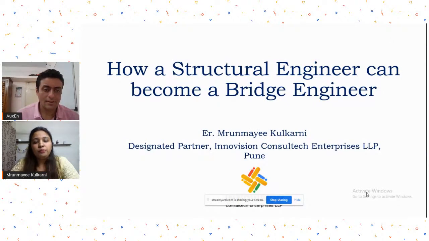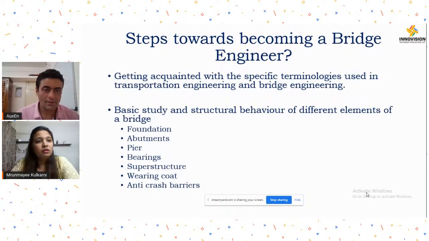So for designing any particular structure, the main thing we have are our codes, Indian standard codes or ACI codes or Euro codes. Before studying the course, you should know the basic terminologies that are used in the field of transportation engineering or bridge engineering.